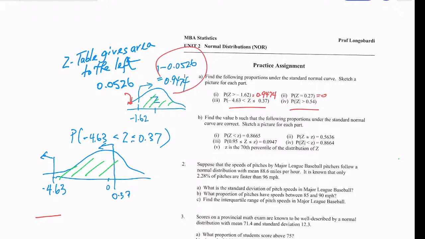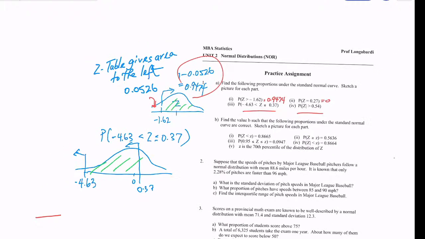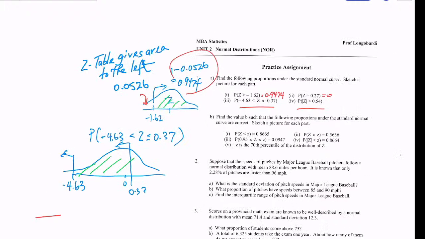All right, so what is the area to the left? If we're this far away, we're going to say it's 0, or so small it's just 0. And the area to the left of 0.37, I can look up. That's 0.37 standard deviations from the mean.